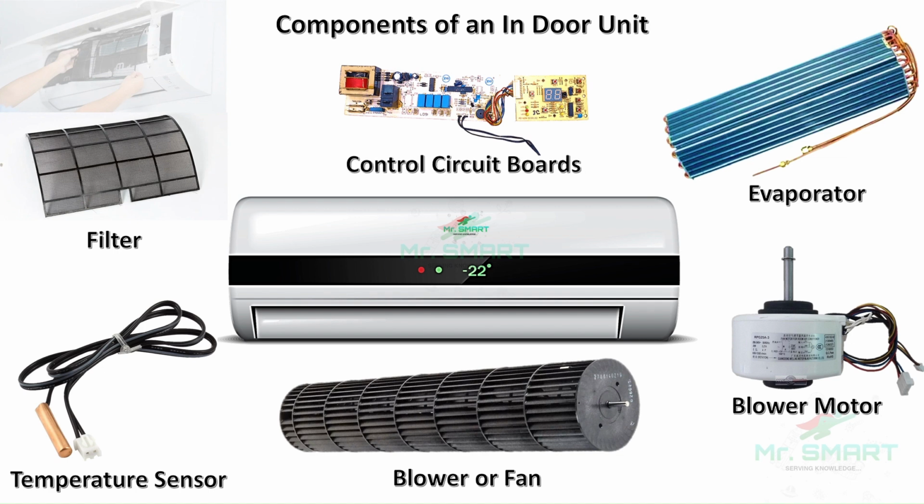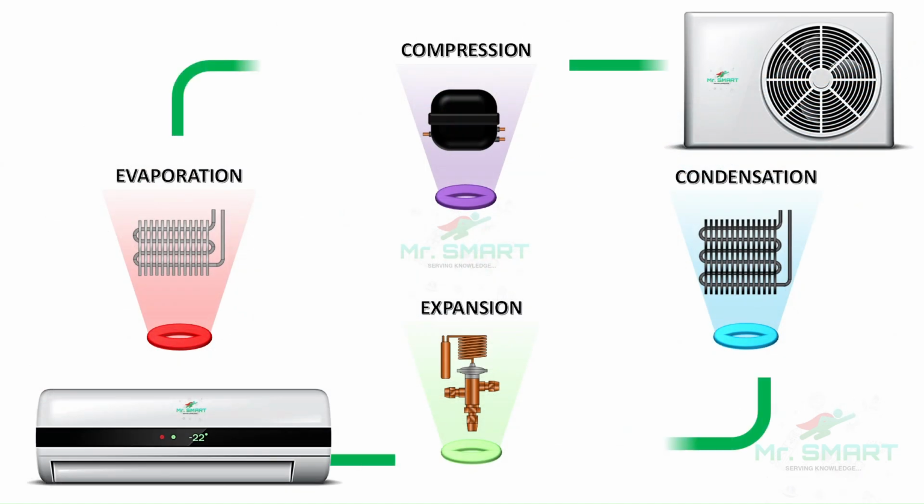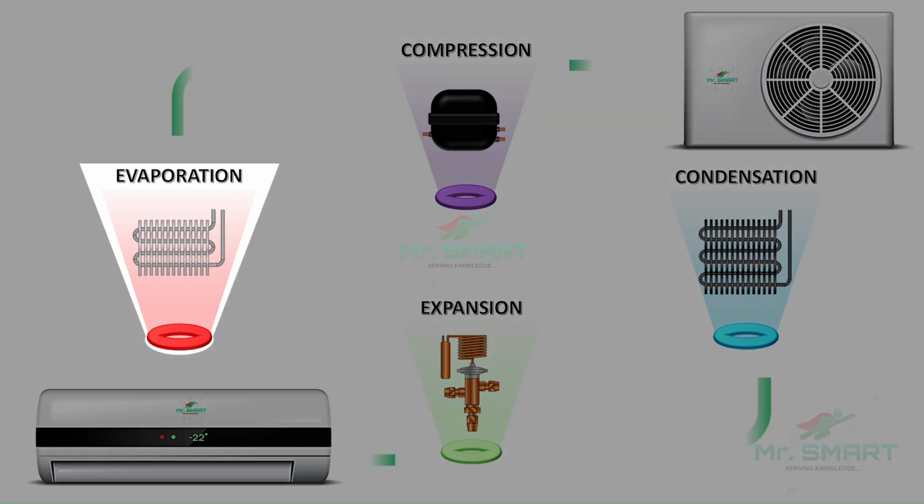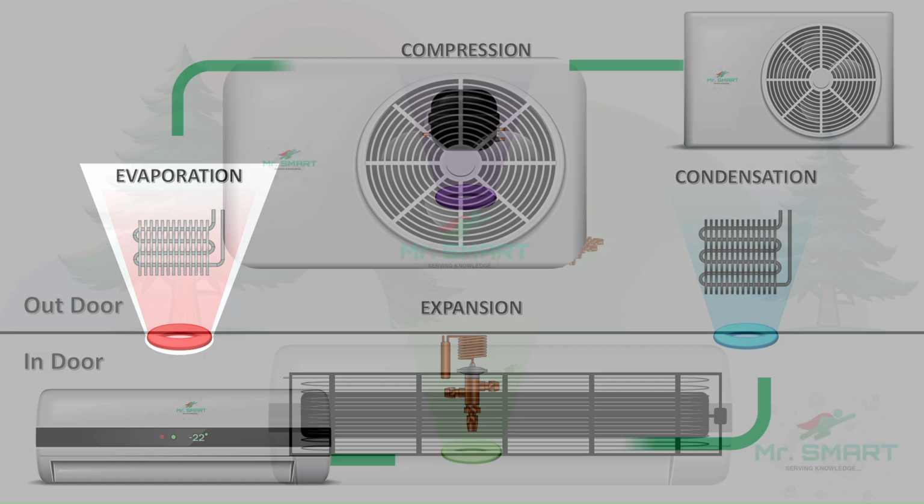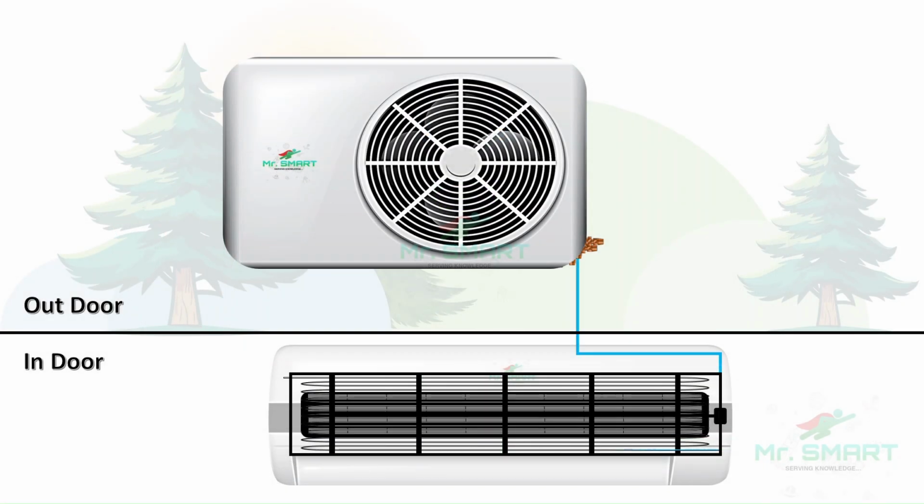With all these components, an IDU performs all the important operations to maintain temperature and a comfortable indoor environment. The IDU is typically the heart of a split AC system, performing the most important process of the cooling cycle, called evaporation. The cold refrigerant from the outdoor unit now enters the evaporator coils of the indoor unit.